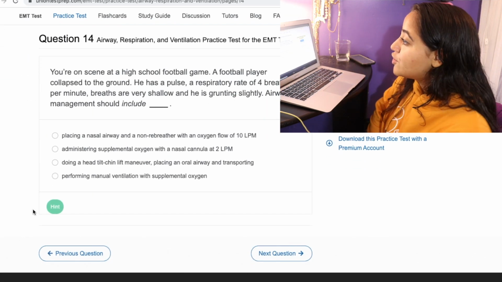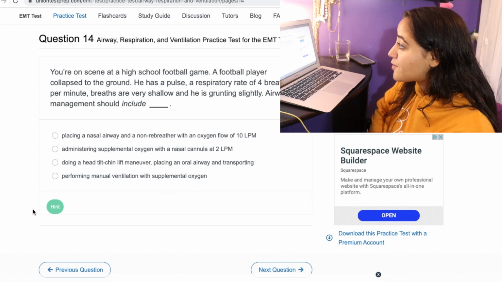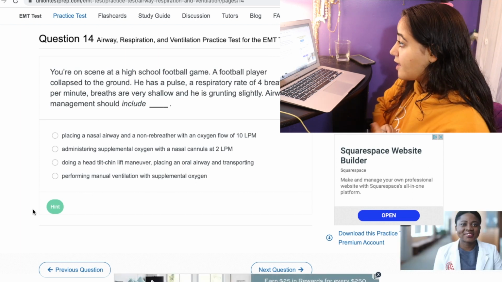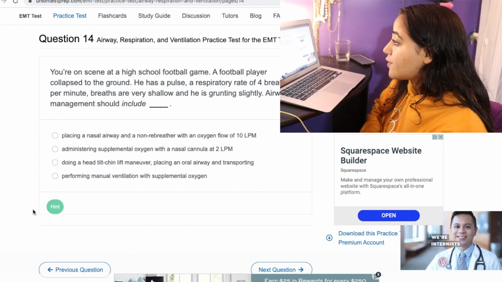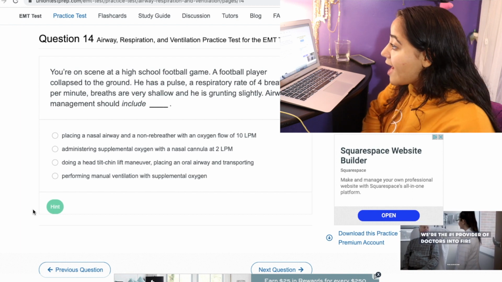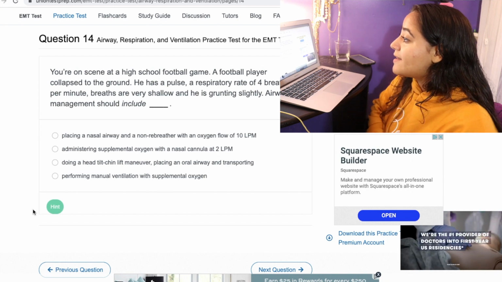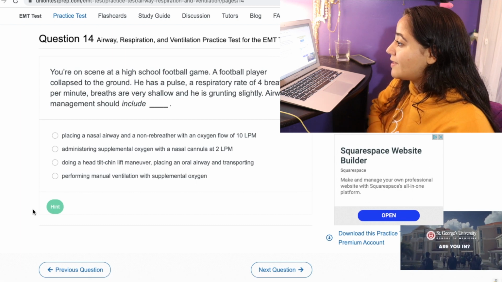Question 14. You're on a scene at a high school football game. A football player collapsed to the ground. He has a pulse, that's good. A respiratory rate of 4 breaths per minute, very low. Breaths are very shallow and he's grunting slightly. Airway management should include placing a nasal airway and a non-rebreather with an oxygen flow of 10 liters per minute.